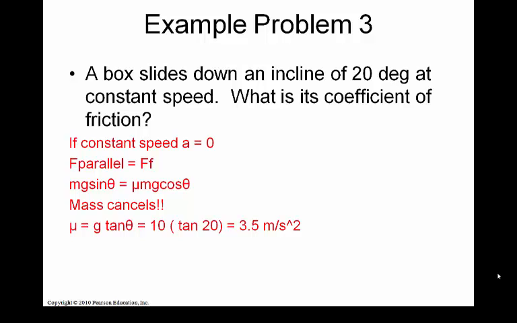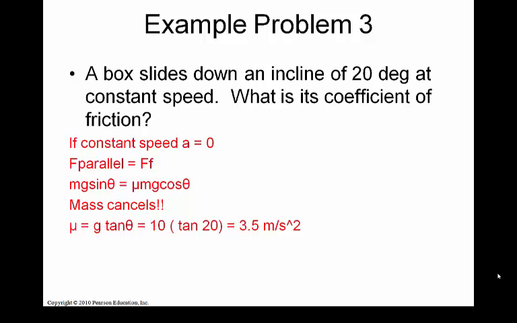A box slides down an incline of 20 degrees at a constant speed. What is its coefficient of friction? In this case, it's traveling at a constant speed. If it's at a constant speed, a equals 0, which means that F parallel has to be equal and opposite to Ff.